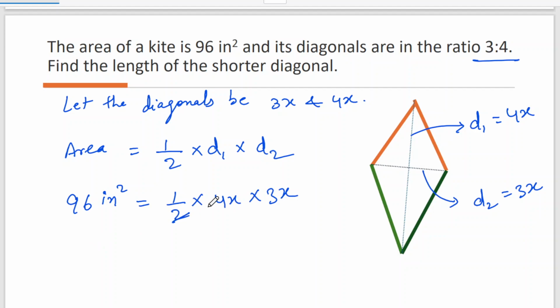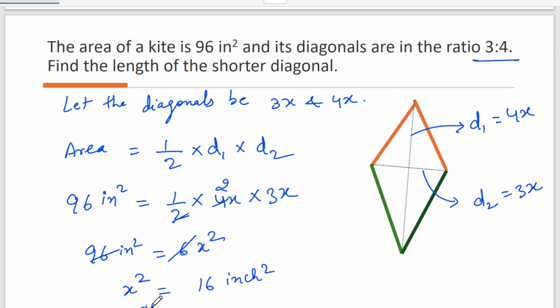So you can see the 2 cancels out, and it is 96 inches square equal to 6x square. The x square equals 16 inches square. So finally x will be equal to the square root of 16, that is 4 inches.